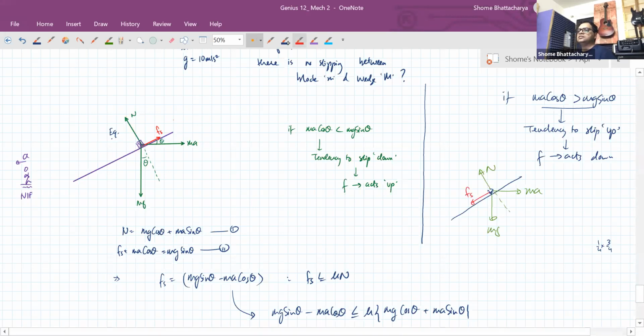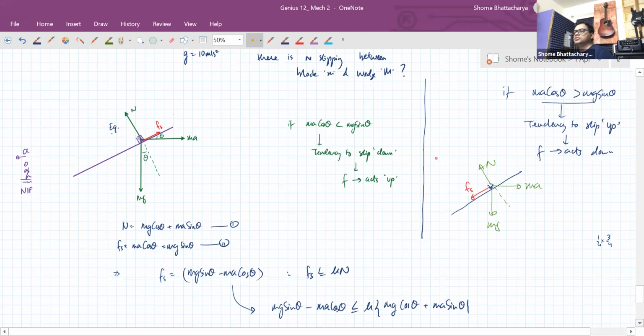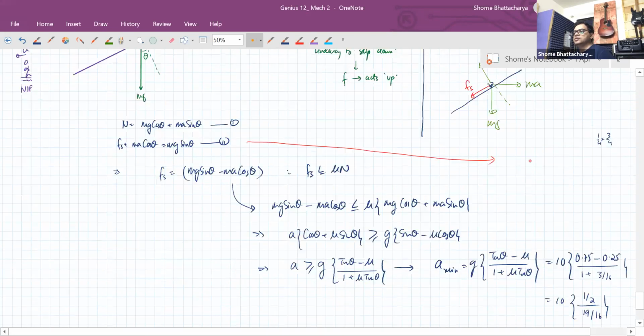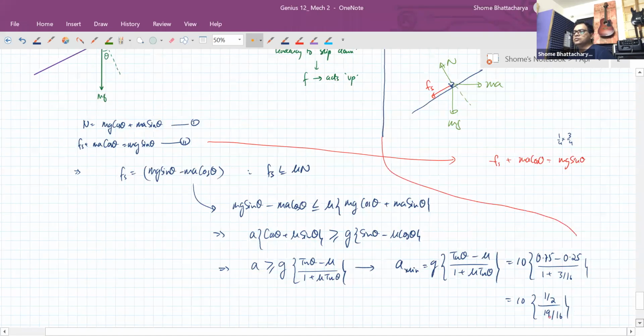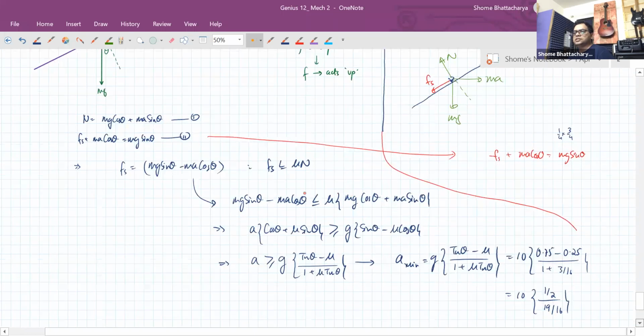So when we apply the condition, wherever friction is there, we just replace it with a minus sign. Wherever there's a mu in the final answer, we replace it with a minus sign. This will give us this kind of inequality.